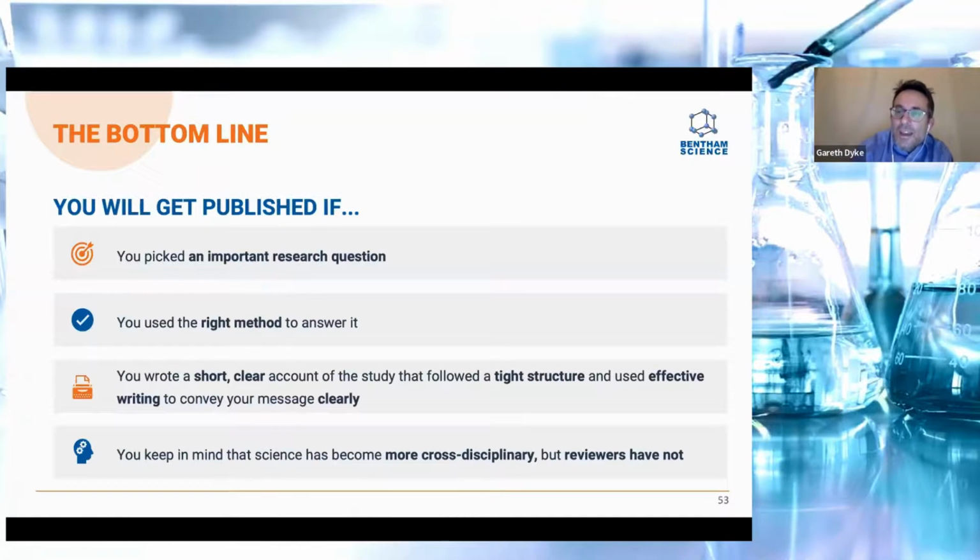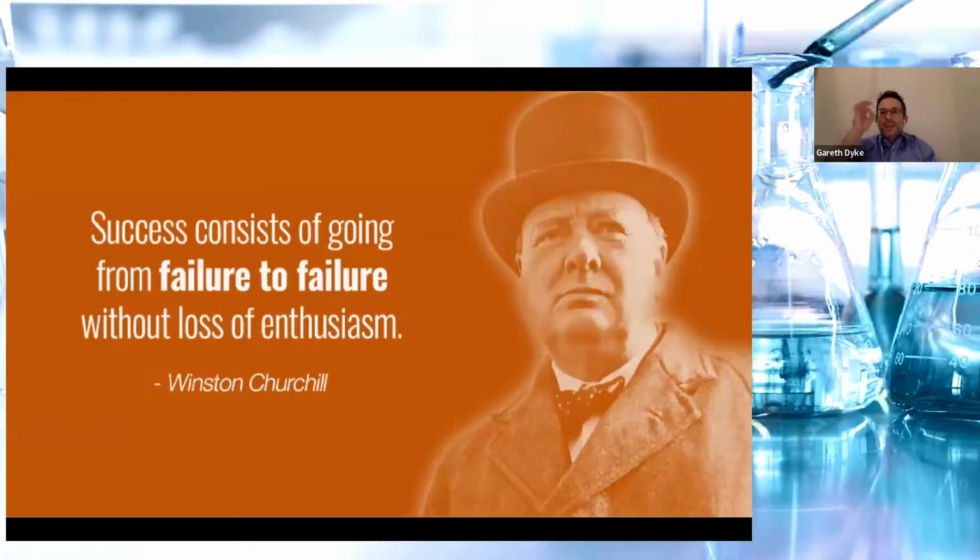So focus carefully on your methods section in particular, because as our friend good old Winston Churchill was famous for saying, success consists of going from failure to failure without losing any of your enthusiasm. And as academics, that's really, really important. We get rejected more often than almost any other kind of person in the working world.